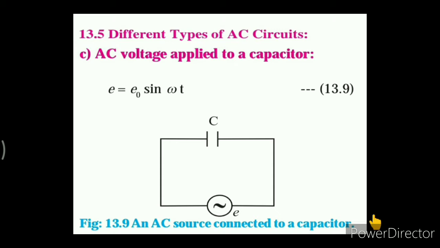As the current reverses its direction in each half cycle of the AC signal, the capacitor is alternately charged and discharged.